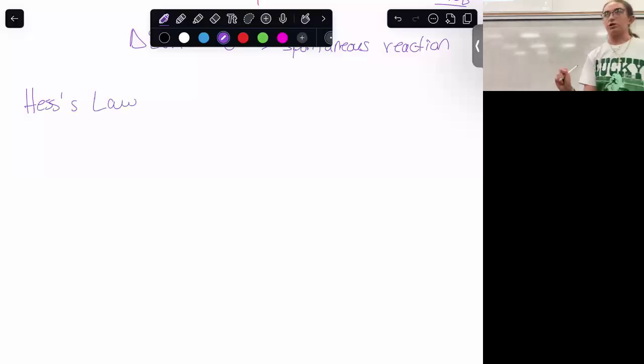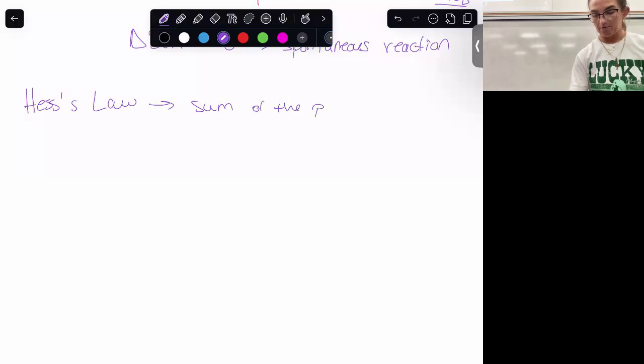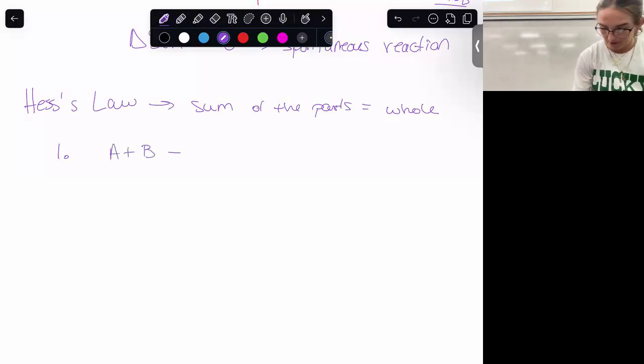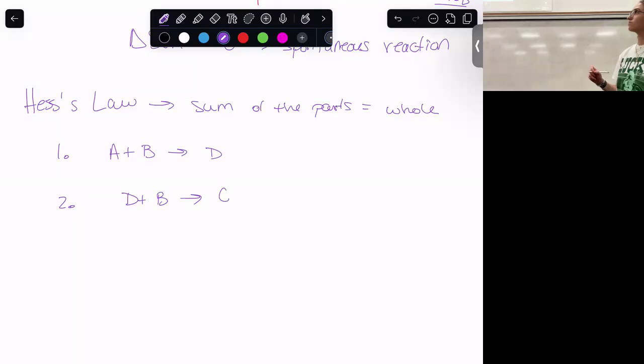This one is like one giant puzzle, and the sum of the parts will equal the whole. So if you have a reaction, it looks like this.